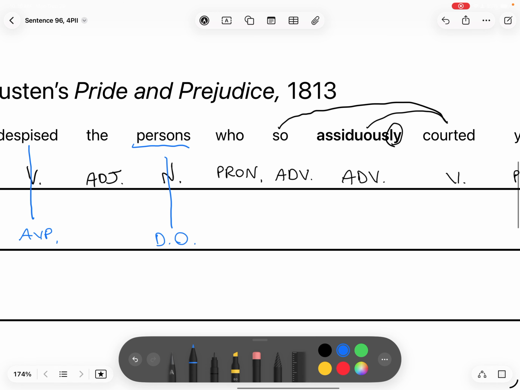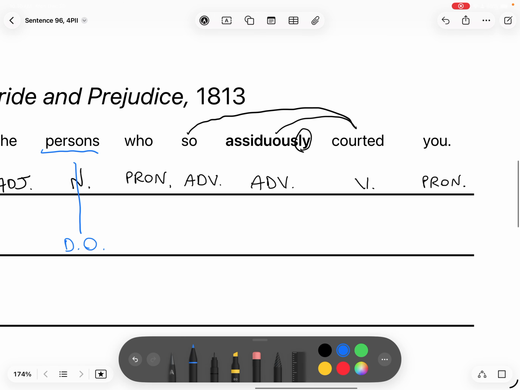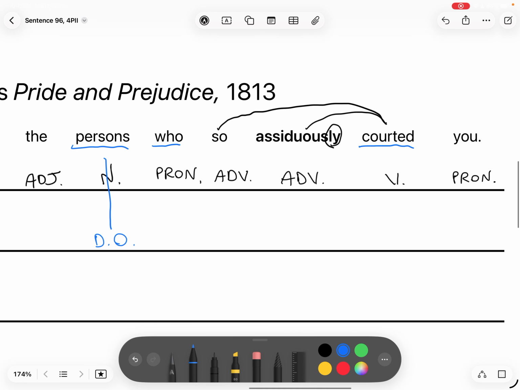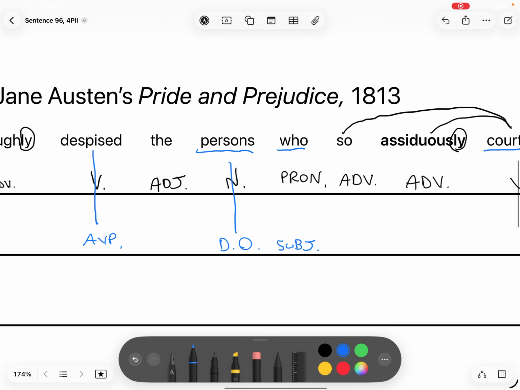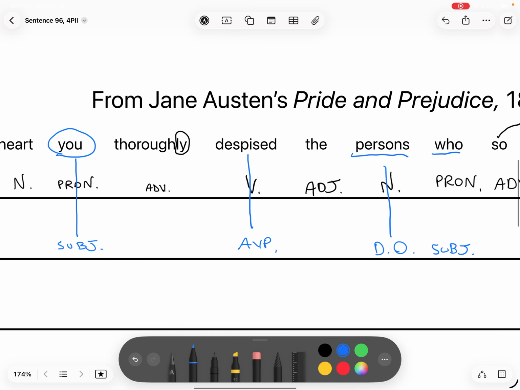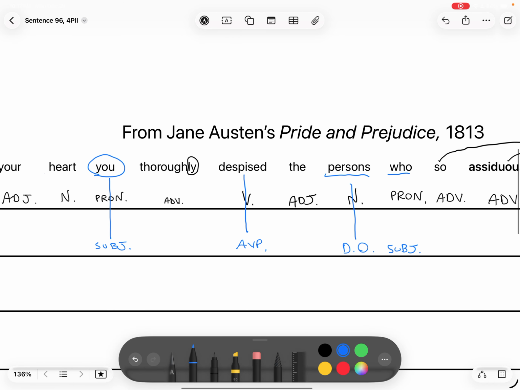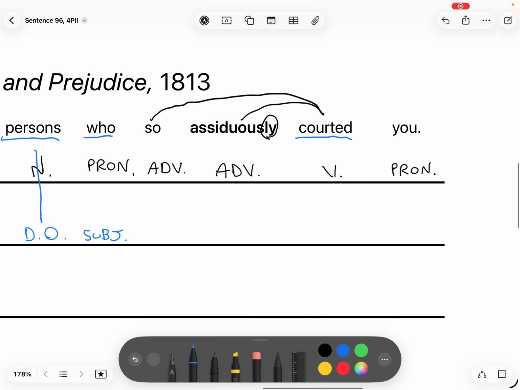So let's see, if we set the subject to be who, then our next verb is courted. So we have who courted. This seems to make sense as a subject-predicate pair, so we're going to write in who as the second subject. It's a second person or a second group of people who are taking an action, totally separate from the original you. So we have who courted.